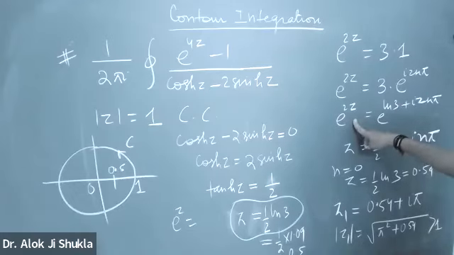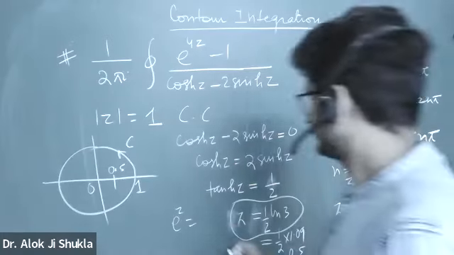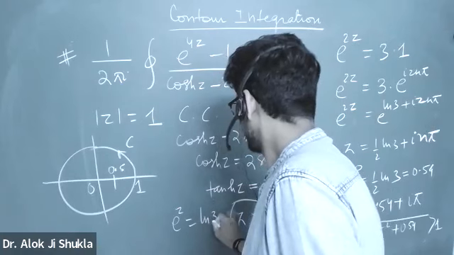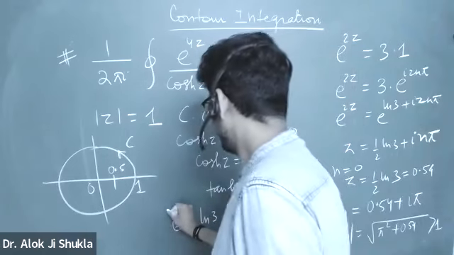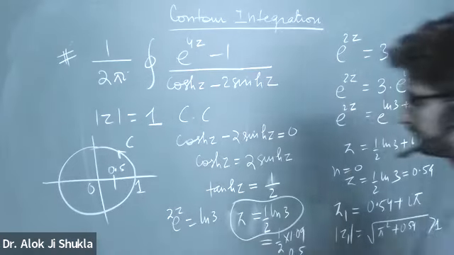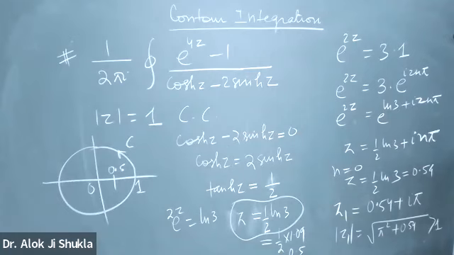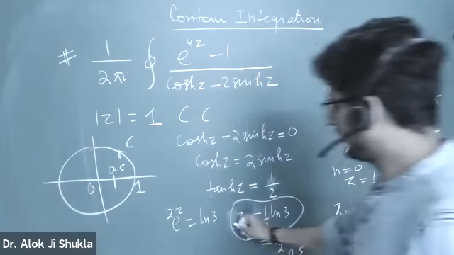Here we can write e to the power 2z is equal to ln 3, right? Okay or not? Yes, sir. The same thing can be written like this also, no?